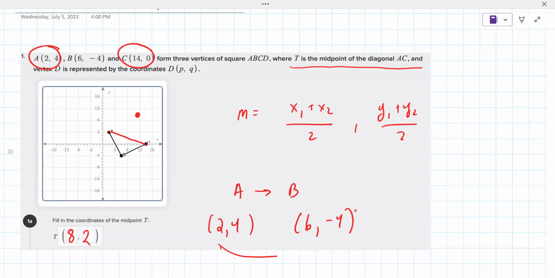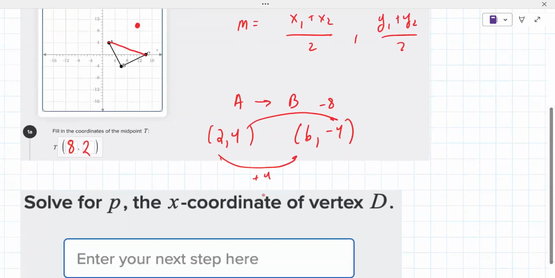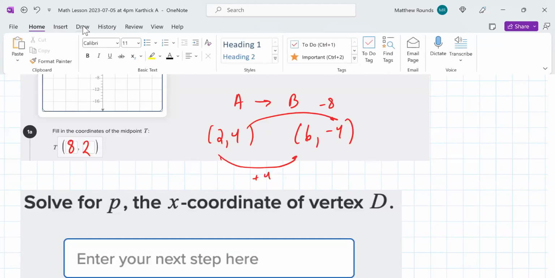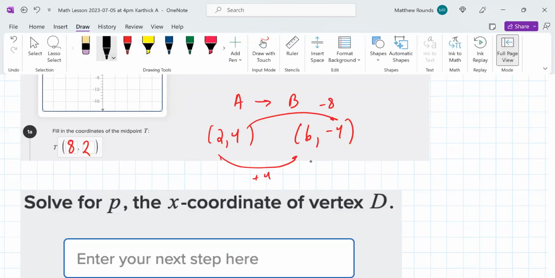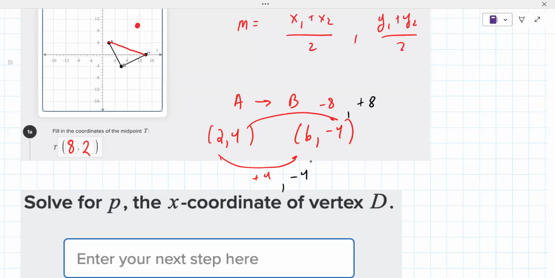Do you see how it's plus 4 and then minus 8? To go backwards, because that's really what we're going to be doing, we're going to be going from C to D, you go the other way. You go -4 and then +8 like that.